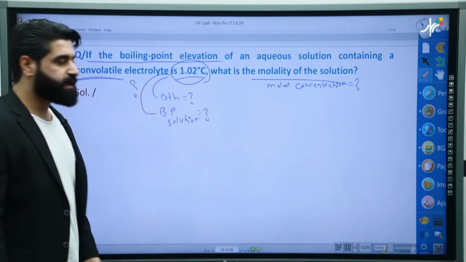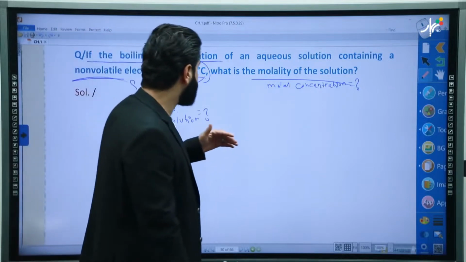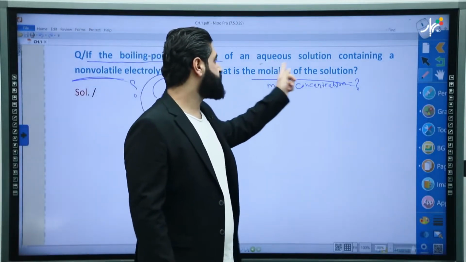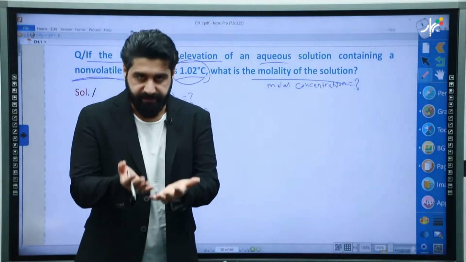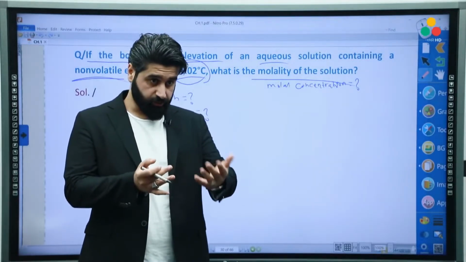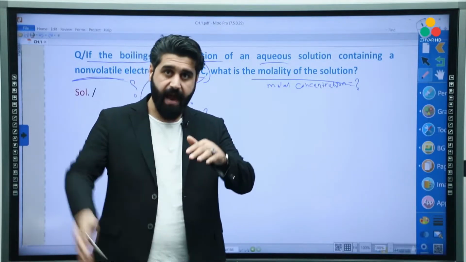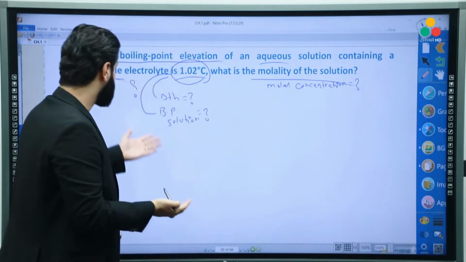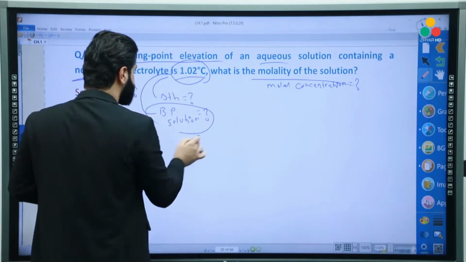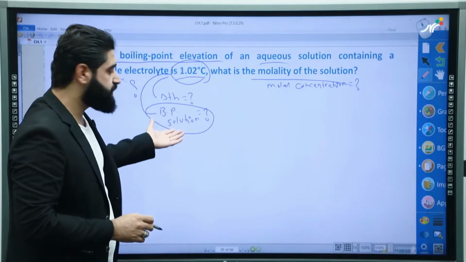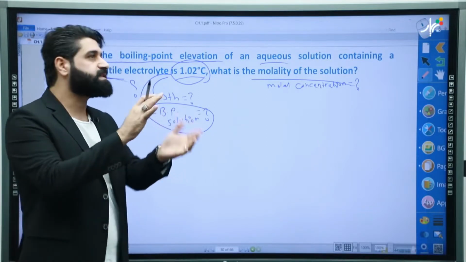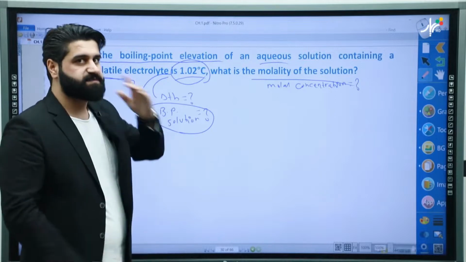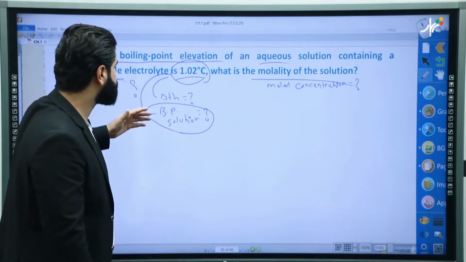Well, we knew that previously because we are using water. Water boils at 100. So its solution is supposed to boil above 100 Celsius degree. Right? So that means boiling point of solution is a large number, a big number, around 100, especially if we use water as a solvent.